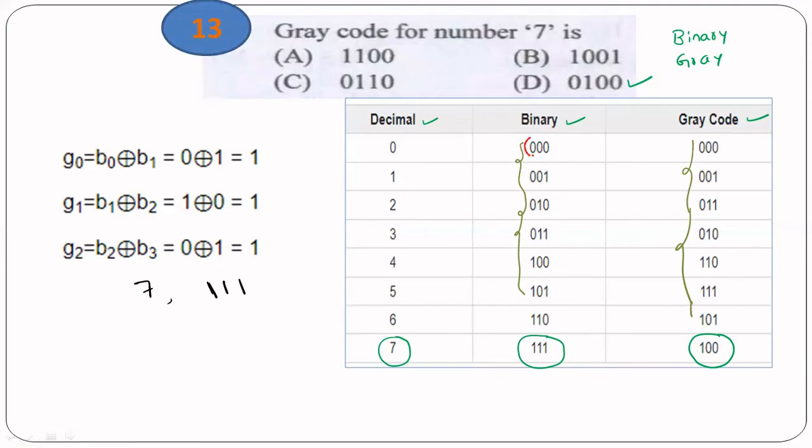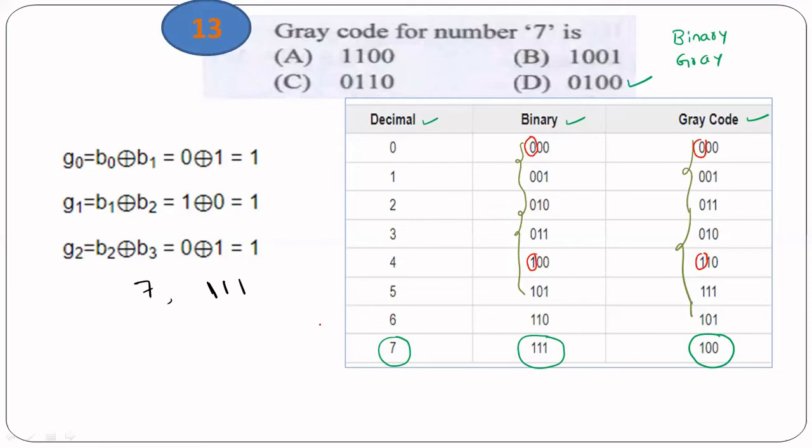Here it is 0, here also it is 0. Similarly, for another example, here it is 1, here also it is 1. So obtaining the MSB is very easy: whatever the MSB of our binary number is, it will be the same.